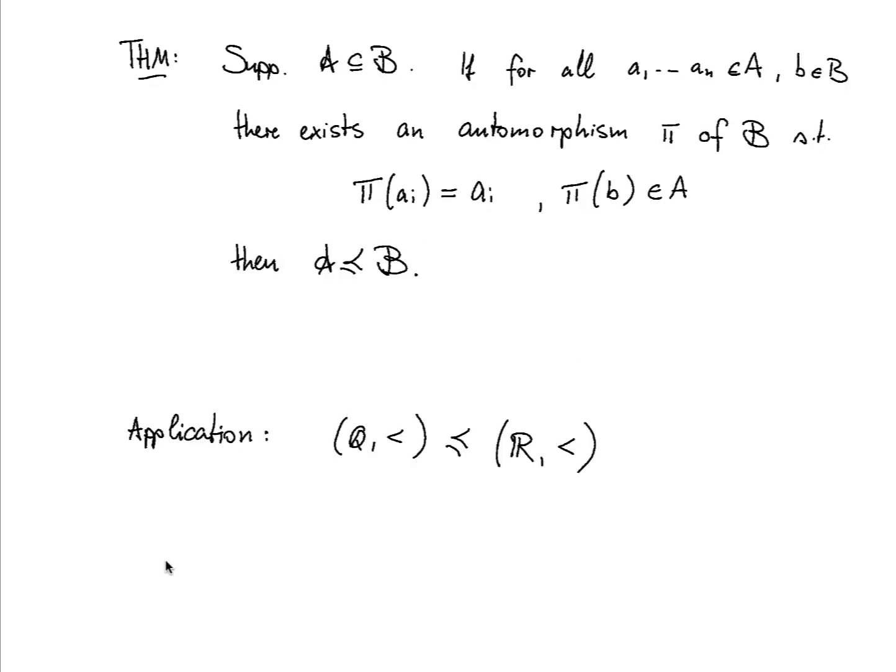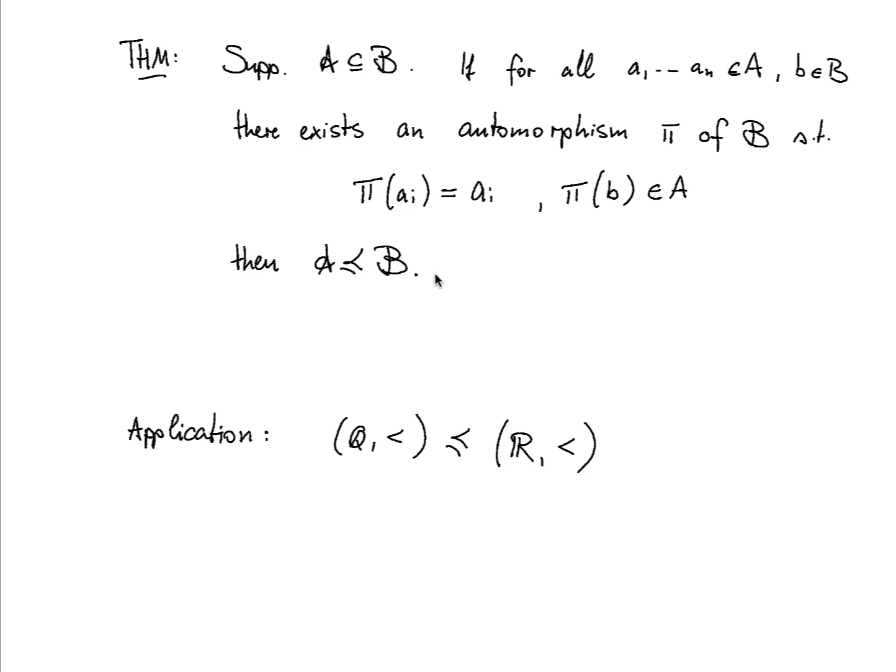The Tarski-Vaught test yields also the following criterion for being an elementary substructure. Namely, if we have A given as a substructure of B, and if for all a1 up to an in A and b in B, we can find an automorphism pi of B such that this automorphism leaves the ai's fixed and moves b in B into A, then we have an elementary substructure.